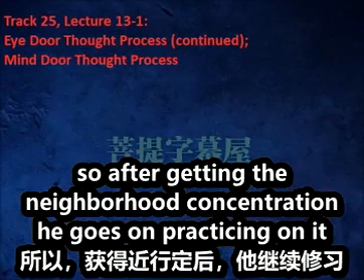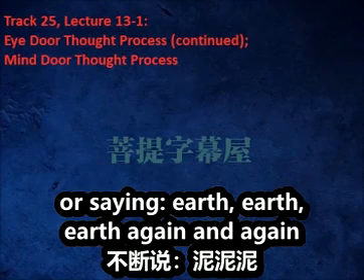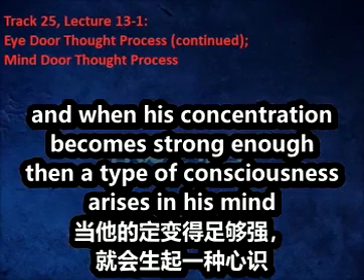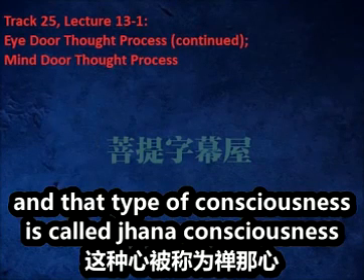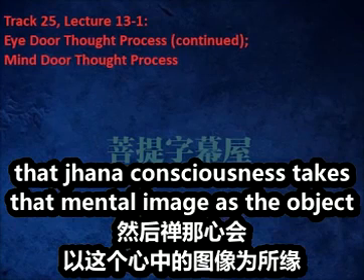So after getting the neighborhood concentration, he goes on practicing on it, saying earth again and again. And when his concentration becomes strong enough, then a type of consciousness arises in his mind. And that type of consciousness is called jhana consciousness. Then jhana consciousness takes that mental image as the object.